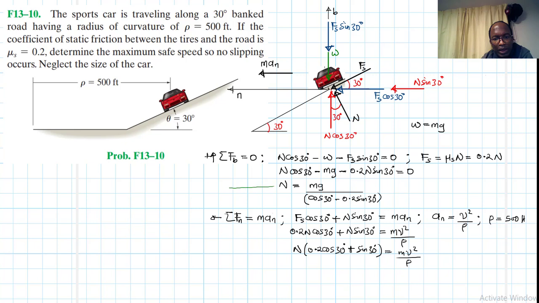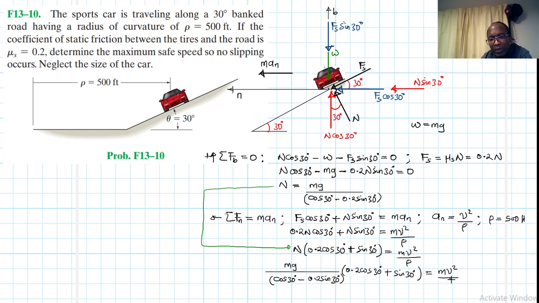Let's replace this N with this N here, and once we do so, then we are going to have the following: mg divided by cos 30 minus 0.2 sin 30, then times 0.2 cos 30 plus sin 30, then equal to m v squared divided by rho.